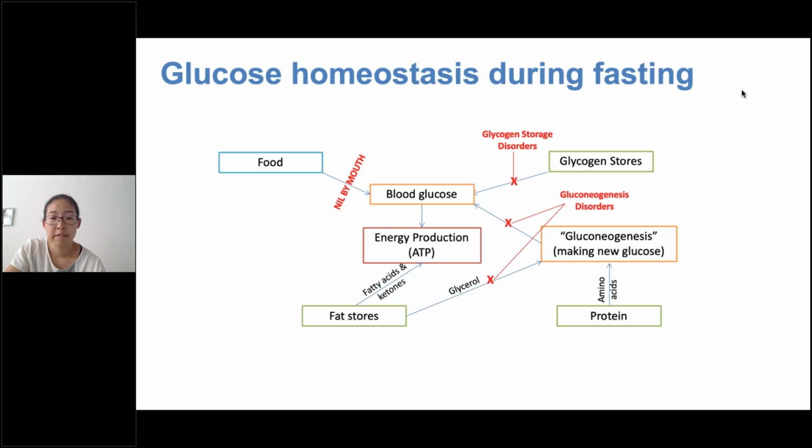And finally, if you have a fatty acid oxidation defect, that can ultimately lead to low blood sugar as well. So this is one diagram I'm going to come back to quite a lot, so that you drive the basic principles in as well.